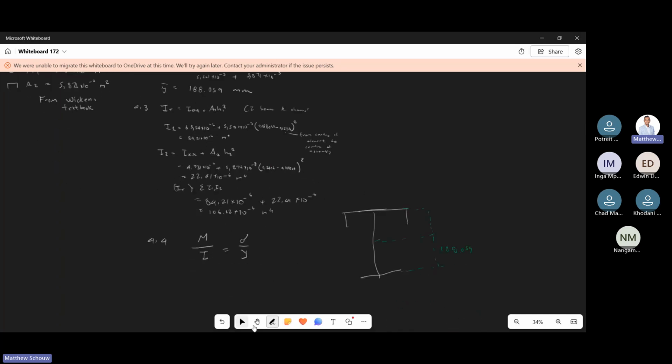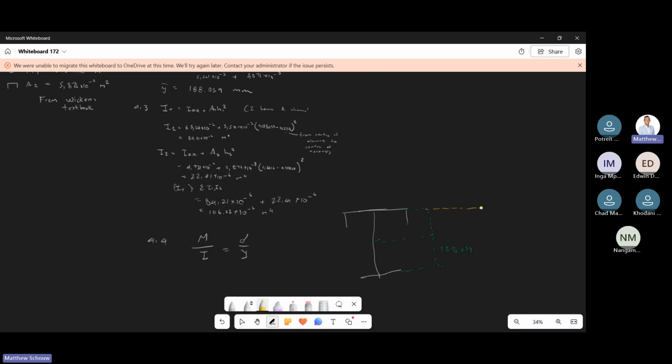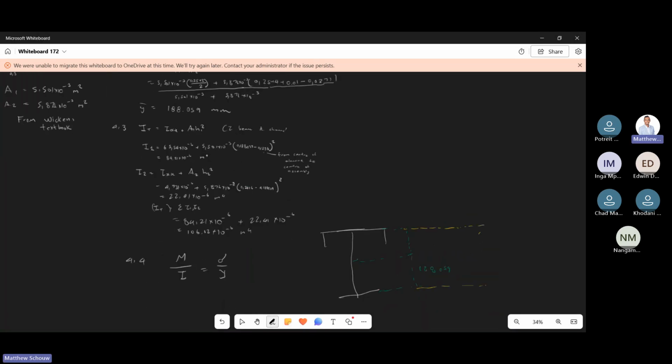You know what I mean? Let me draw something else quickly. The total distance here is going to be the I-beam plus the thickness, which was 259.4 plus the 10.